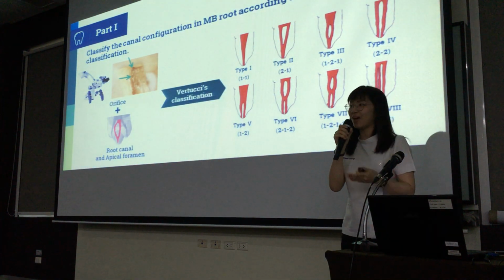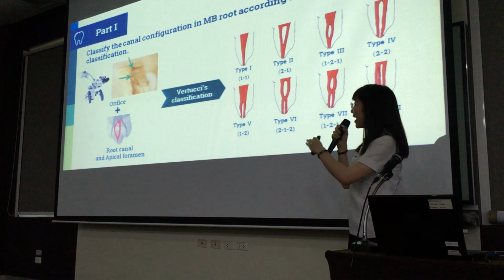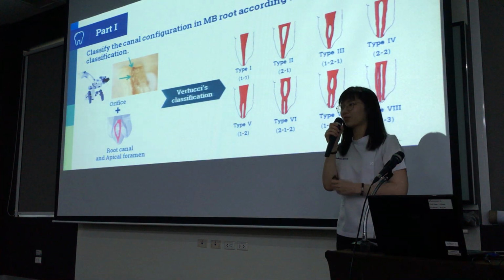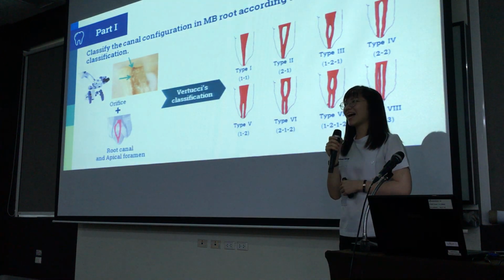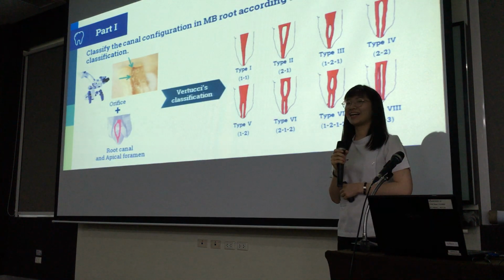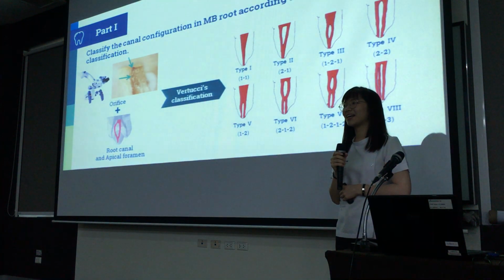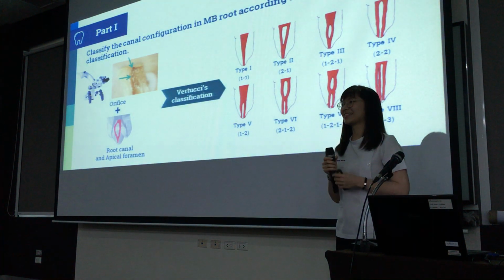So we define the pulpal floor level by the first slice that obviously has 3 orifices with an oval shape. Okay, and the 3 orifices are MB, DB, and palatal. Yes. Thank you.